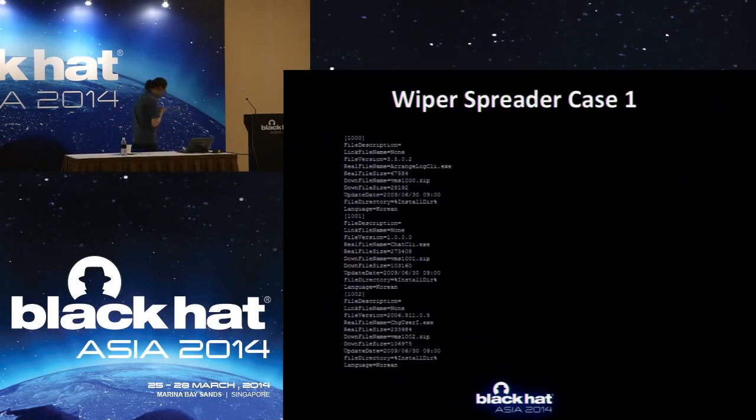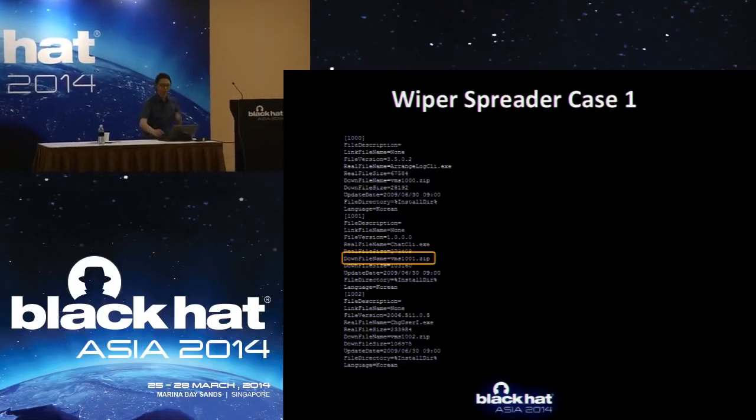Here is the content of this configuration file. There are some important values there. The first is the file version. It's easy to understand this file version. And the real file name. This file is actually zipped in the archive, which is VMS 1001.zip. So that executable file is zipped in this file.